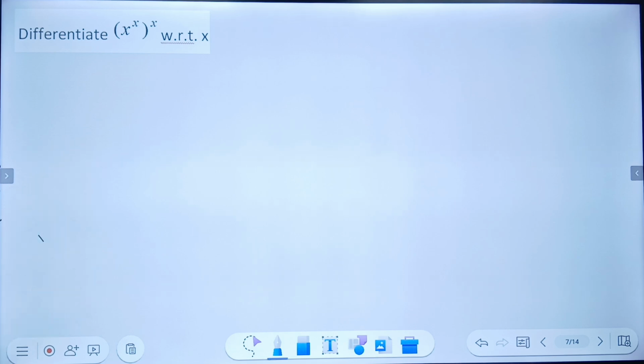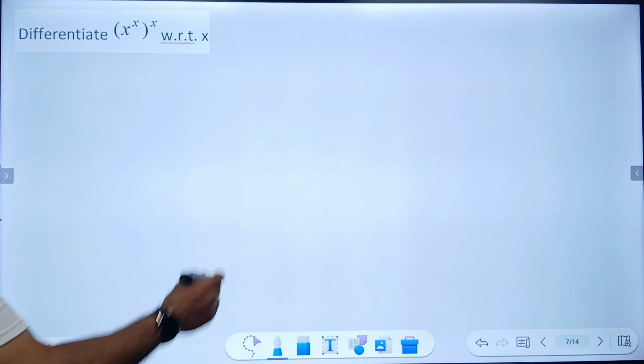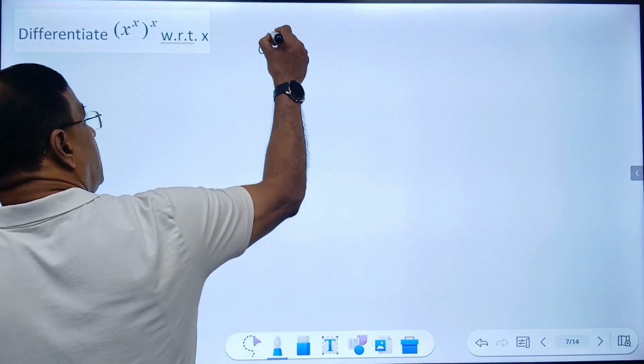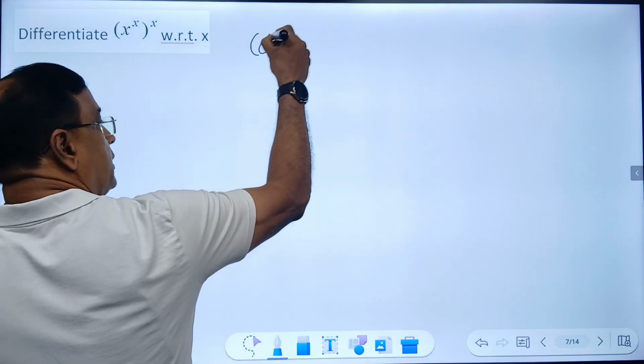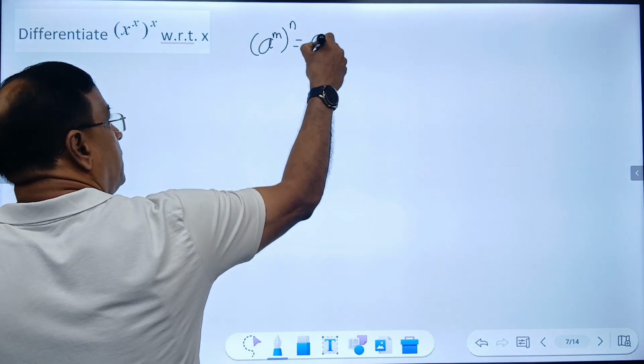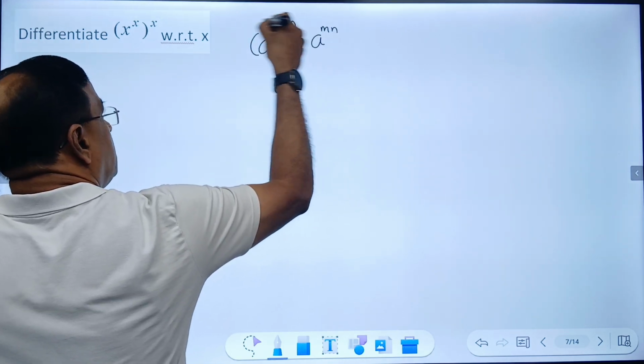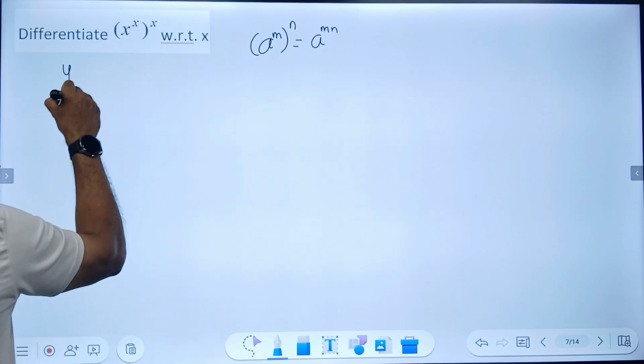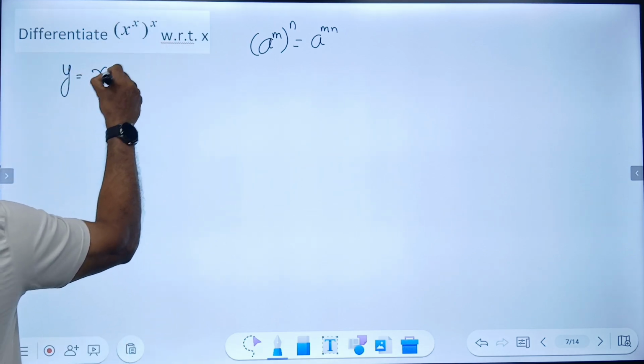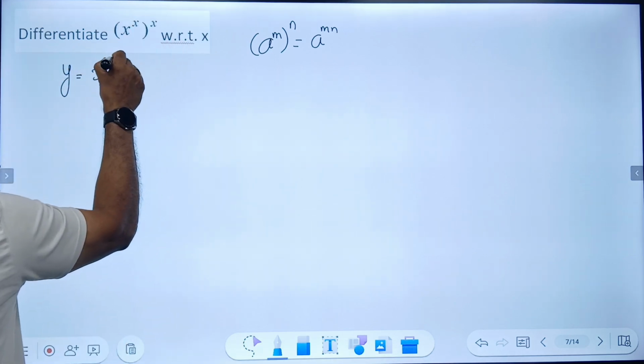Now how do I do this? You all know that a power m whole power n is a power mn. So I'm going to use that logic here. What will be mn? mn will be x square, correct?